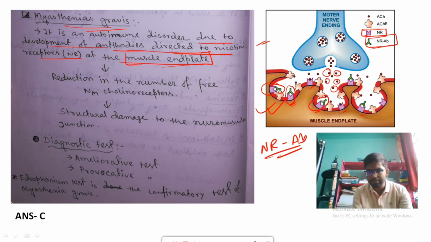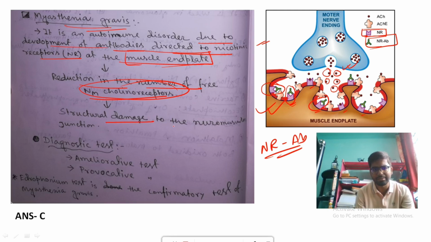That's why the acetylcholine secreted from the presynaptic neuron has lesser chances to bind with the nicotinic receptor, because there is a reduction in the number of free nicotinic receptors in the muscle end plate. So structural damage of the neuromuscular junction happens. That is myasthenia gravis.